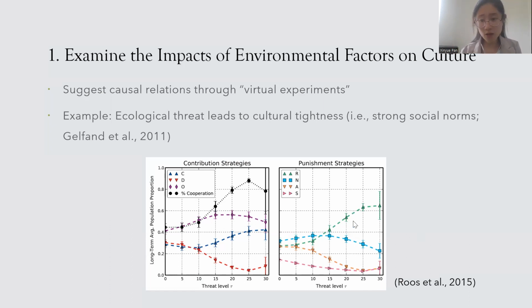And also they showed an increase of punishment, which is to what extent people are enforcing social norms. So through such an EGT model, they were able to directly test the impact of threat on social norms.